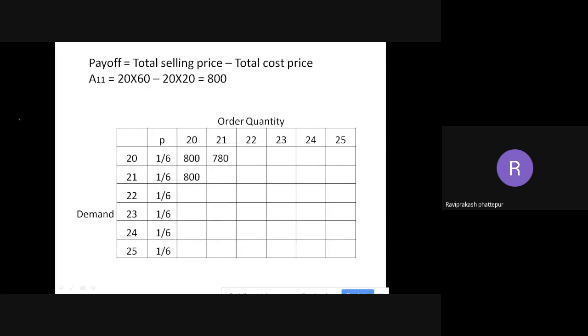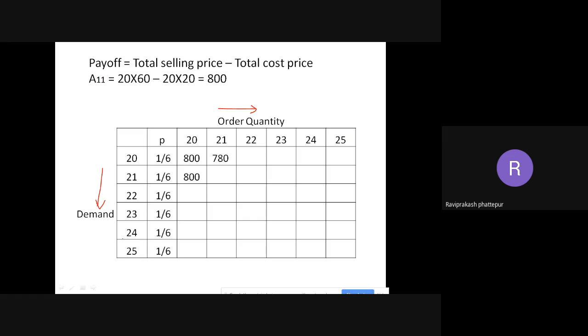Demand is here, and order quantity, that means what you are ordering as a physician. As you are administering 20 to 25 doses, you can take demand as 20 to 25, and if demand is 20 to 25, I need to order 20 to 25 doses. So in the horizontal direction, the order quantity is 20 to 25, and demand in the vertical direction is again 20 to 25.